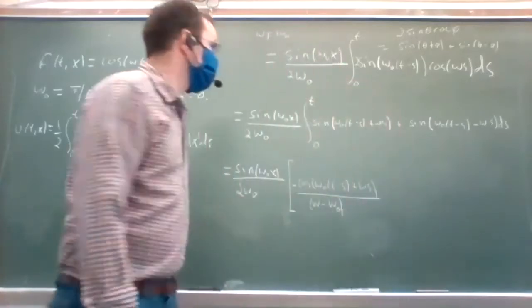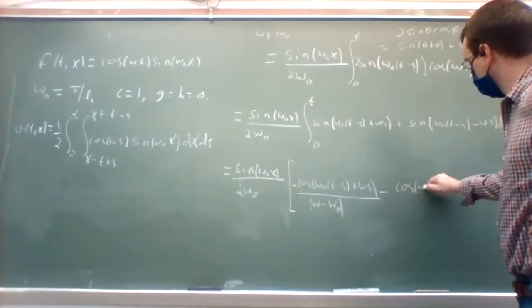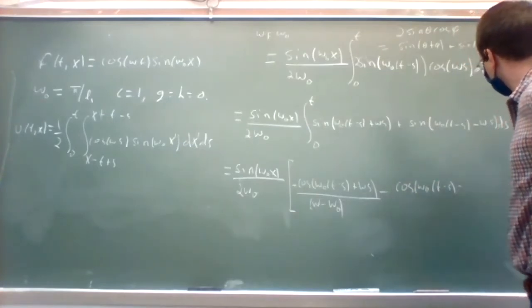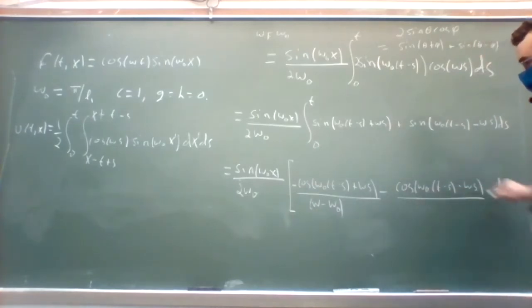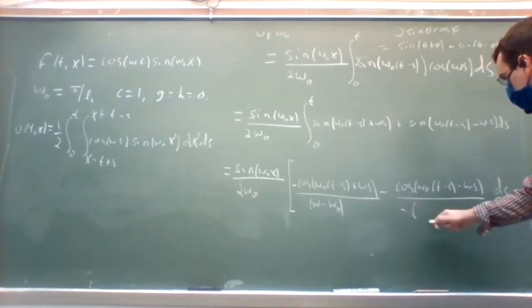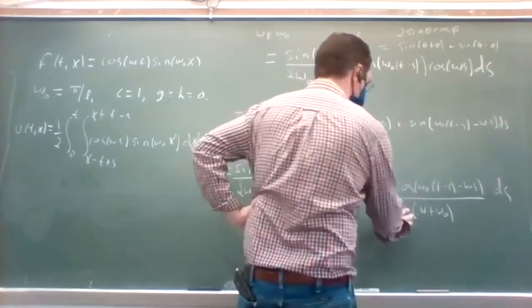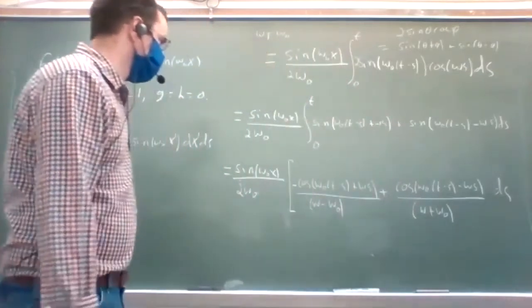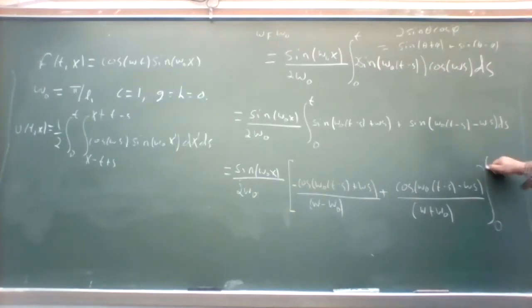Can check my constants there, and then minus cosine, and then we'll get on the bottom here minus omega plus omega naught. And of course, these negative signs will cancel. And no longer ds. And in fact, we're evaluating from 0 to t.